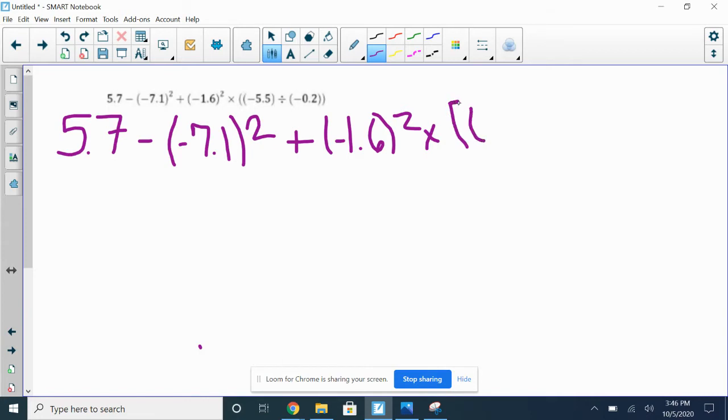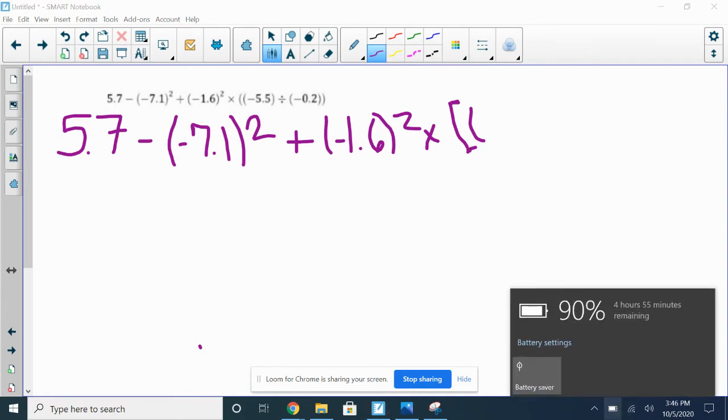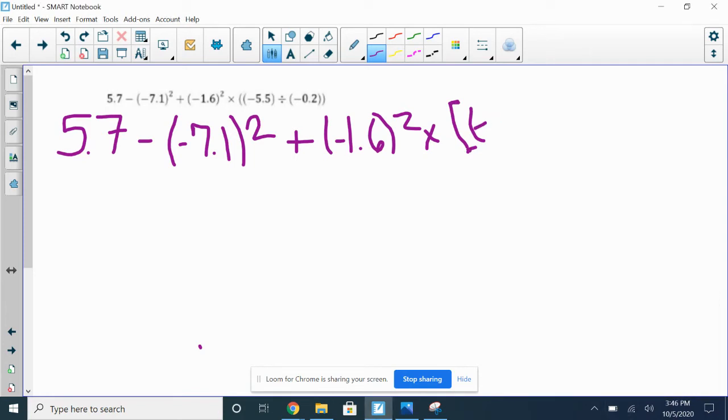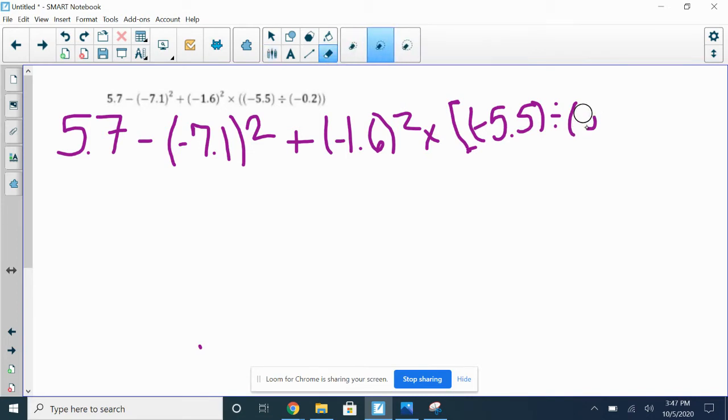So if you wanted to go ahead and make the outer parentheses a bracket, and then we have negative 5.5, and I made that outer one a bracket just to avoid any confusion when I have the two parentheses together. So minus negative, and let's not lose our negative sign, 0.2, parentheses, and close it with the bracket.